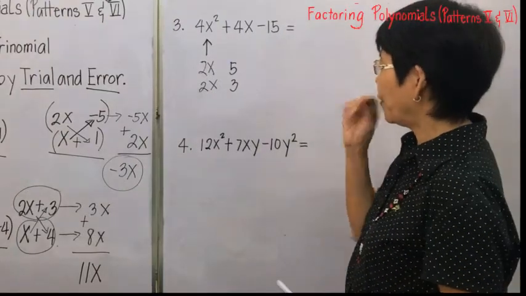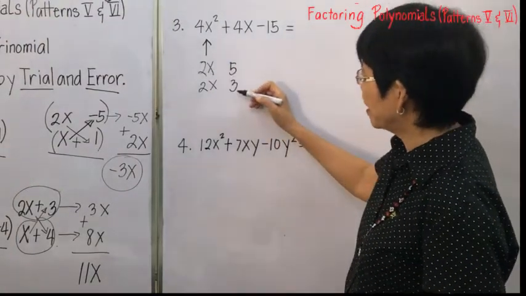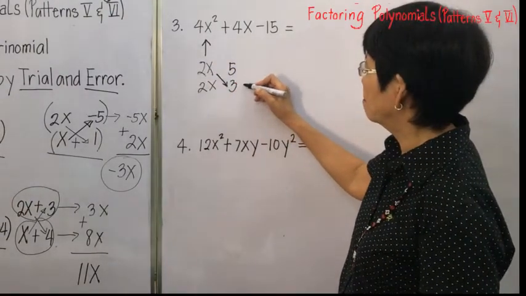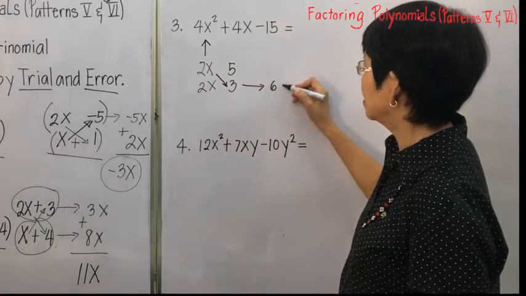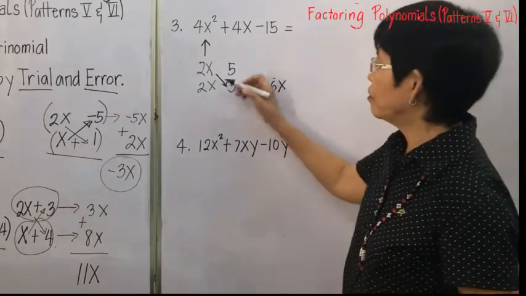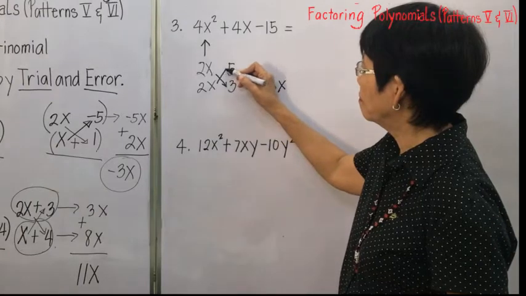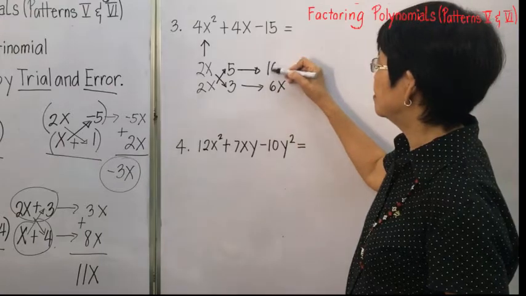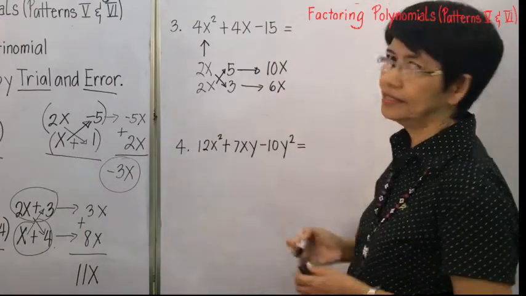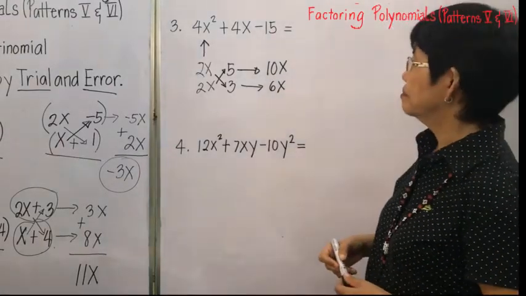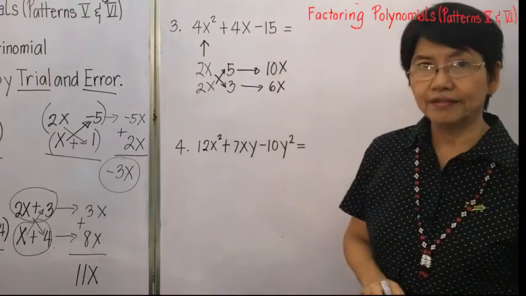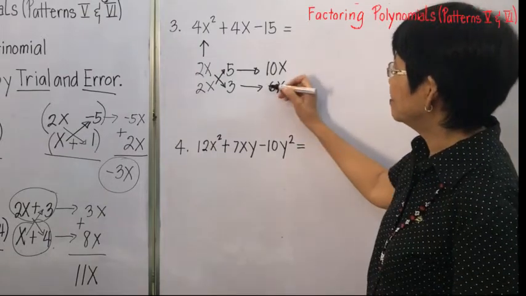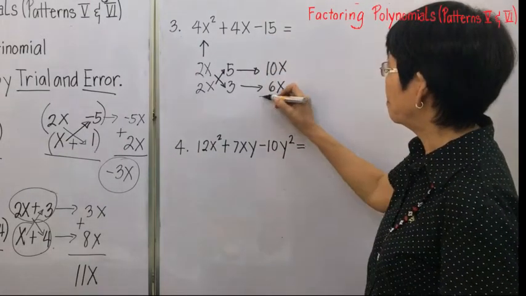So if we multiply this way, this gives us 6x. And if we multiply this way, this gives us 10x. If we get the difference, because one of them should be negative, then we should have a difference of positive 4.